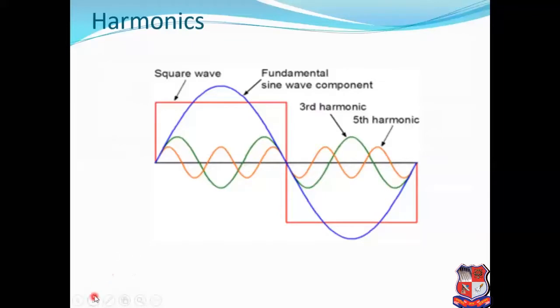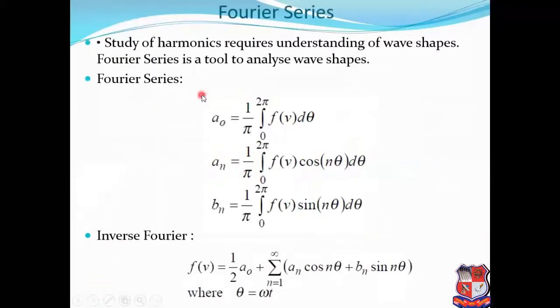For that, we first have to understand the Fourier series. What is the Fourier series? If we have a non-trigonometric function and we want to represent it as a trigonometric function, then we perform the Fourier series on that function.